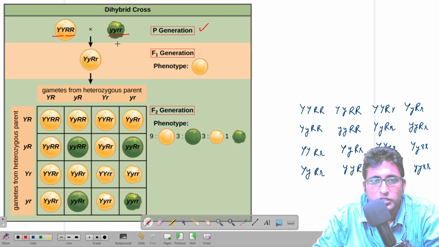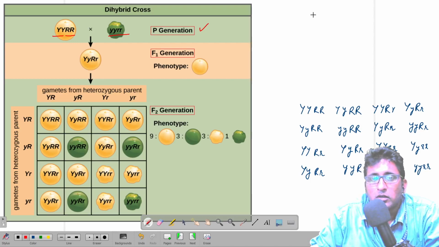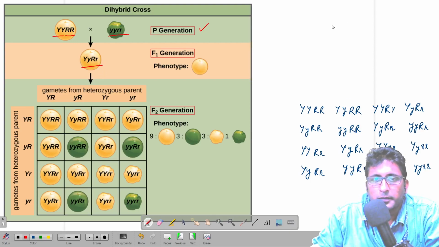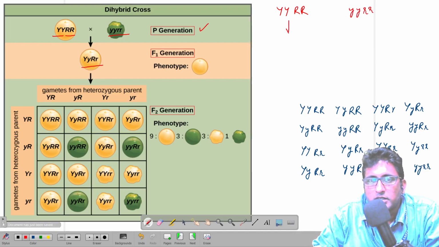And then in the F1 generation, all of them would be heterozygous, capital Y small y, capital R small r. That is because if we had something like this and this way, the gametes that this parent would form would all be something like this.